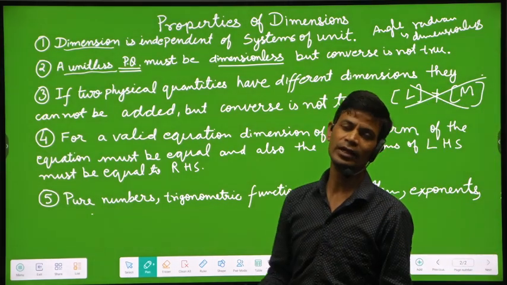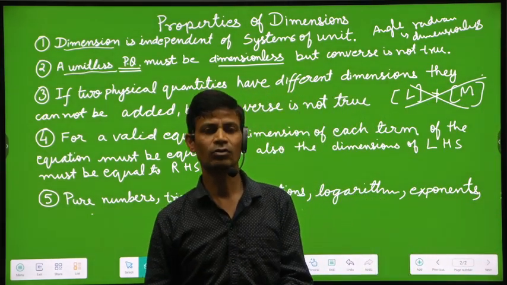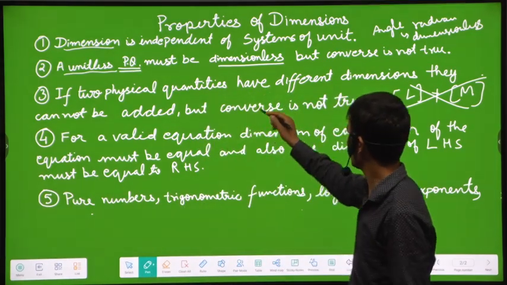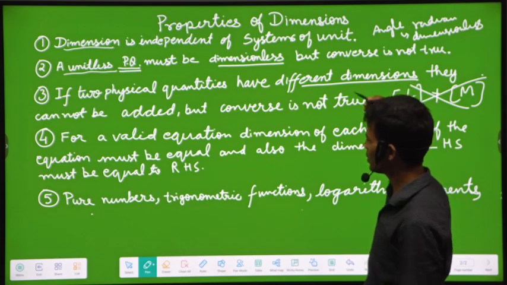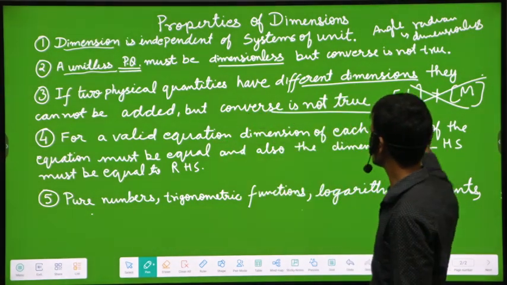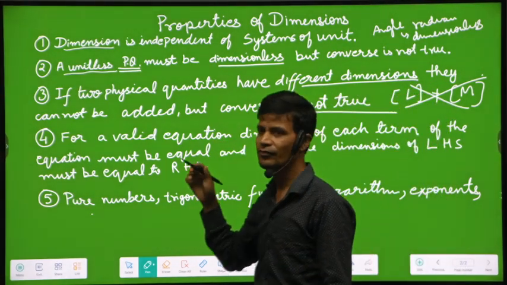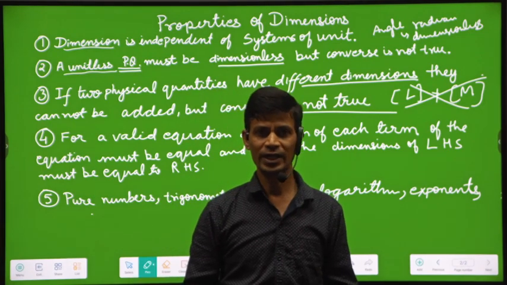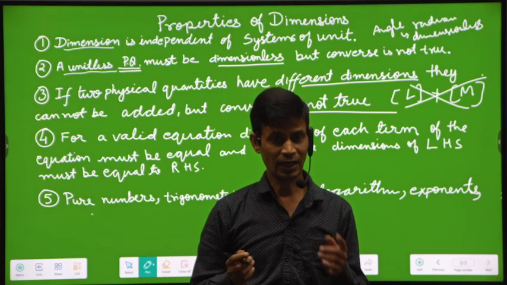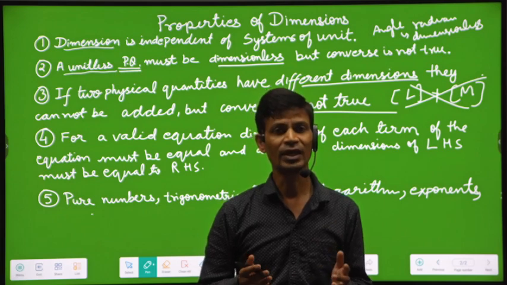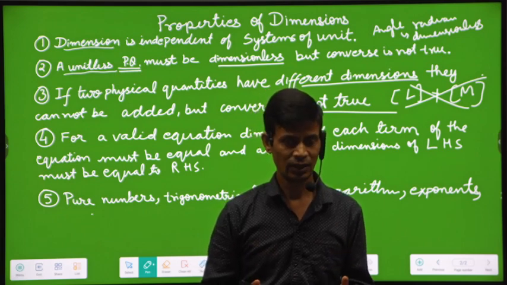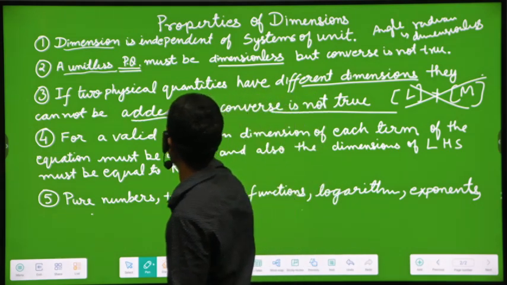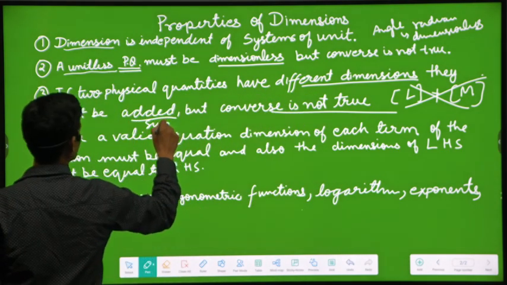Length cannot be added to mass, time cannot be added to temperature. So if they have different dimension, they cannot be added, but the converse is not true. Means if they have same dimension, still they cannot necessarily be added. They can be added only if they have same nature, and same for subtraction.